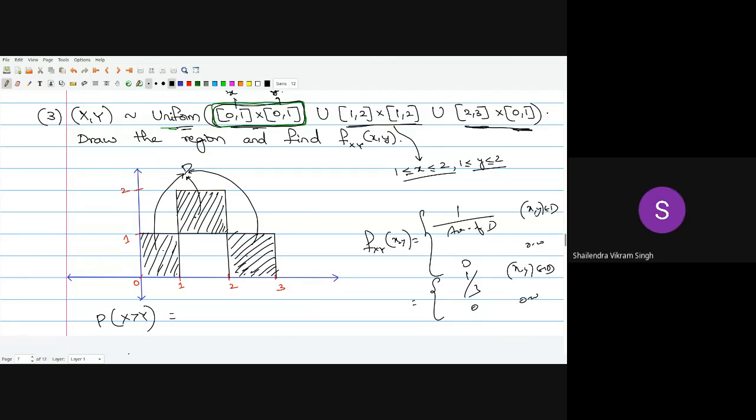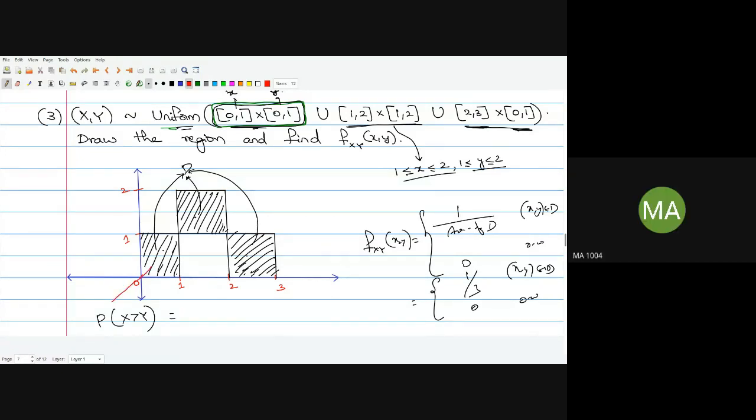Someone said 2 by 3, and someone said 4 by 3. But 4 by 3 is 1 point something, and a probability cannot be that. Another answer was 2 by 4.